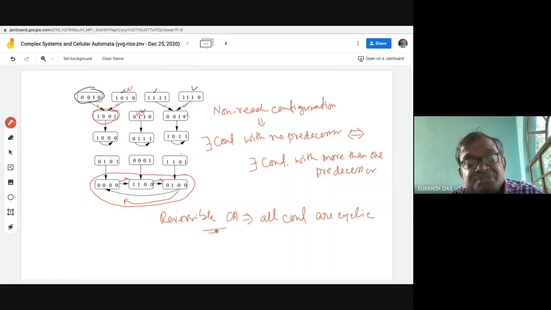Okay, this is the direct definition, right? So reversibility is to be bijective, right? From that definition, I'm getting this one, right?